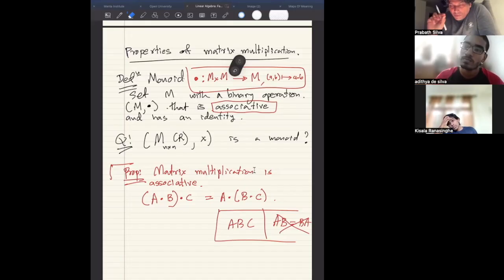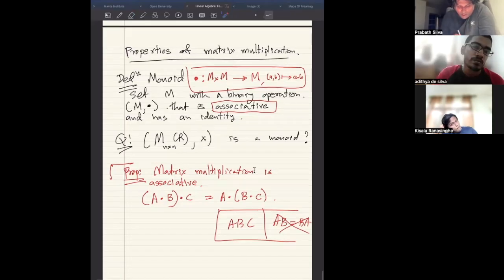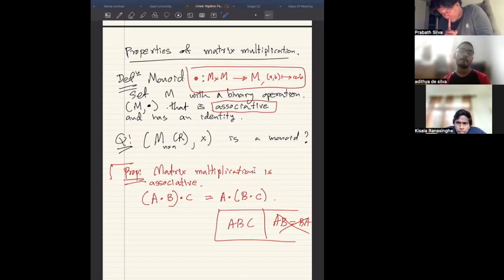The associativity property is a property about one operation. Okay, I'm not sure.